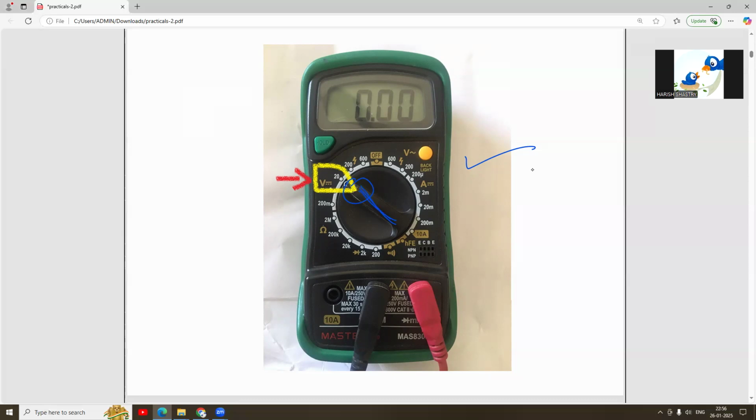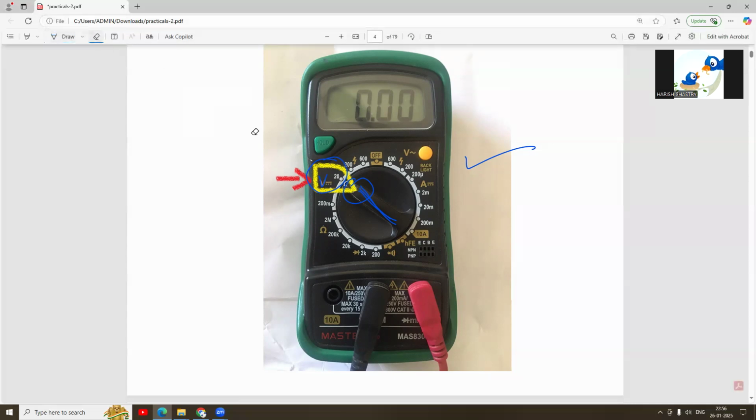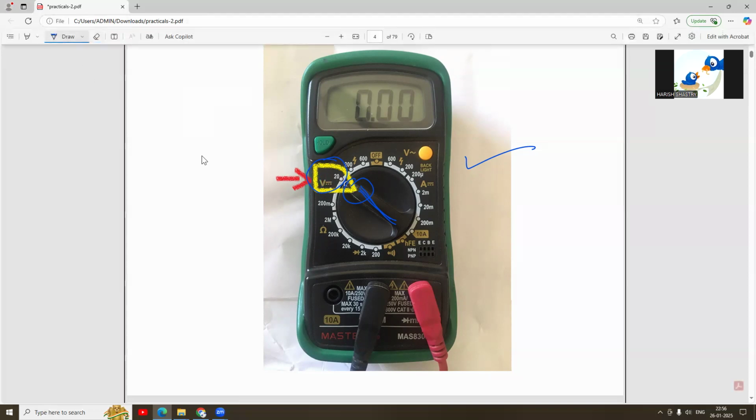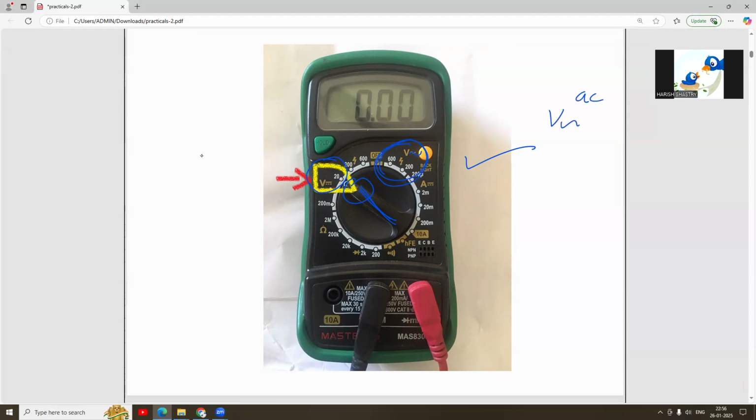When that knob is turned to this portion, you can measure voltages in DC. Because it is written here, there is a volt symbol V and a straight line. A straight line indicates that you can measure DC voltages. Suppose you want to measure AC voltage, you have to connect it here because here is a sine wave. If it is written like this, then it is AC, and if it is written like this, then it is DC.